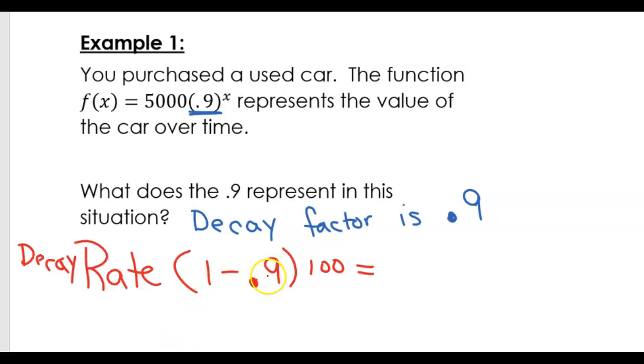So if you subtract that, you would get 0.1, multiply it by 100, and that would tell you that it is decreasing, decaying at 10% per year. That means what this number is how much is left after it does that much decaying. You have that much written down?